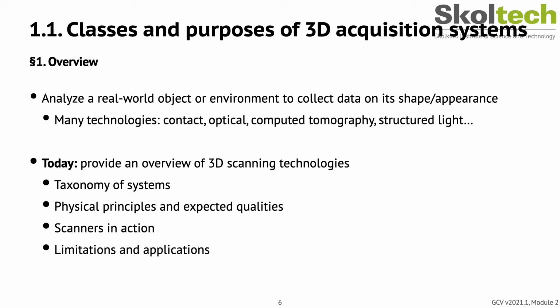You also might know from your own experience the many names connected to technologies such as passive stereo or computer tomography or LIDAR. In today's lecture, we will overview these and many other 3D scanning technologies, provide a classification of such systems, and introduce their basic physical properties and consequences connected to these. We will further demonstrate many of these systems in action and discuss their limitations.